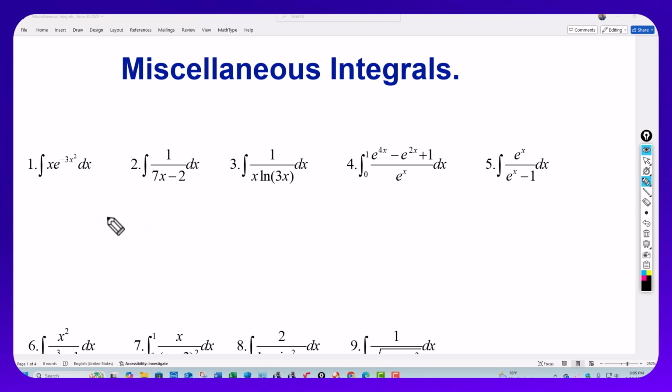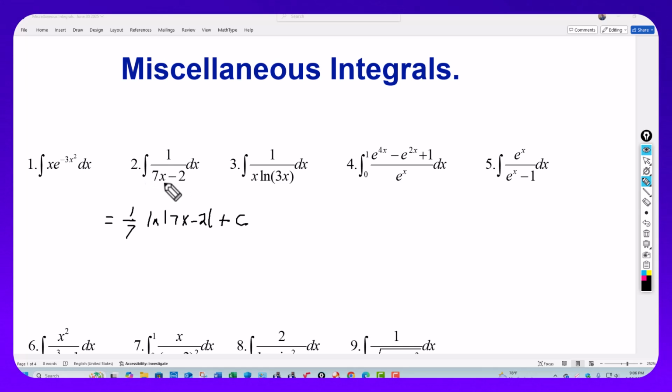Now for the second one here, the derivative of the denominator is 7. So the answer is going to be 1/7 of ln of the absolute value of 7x minus 2, plus the constant of integration.